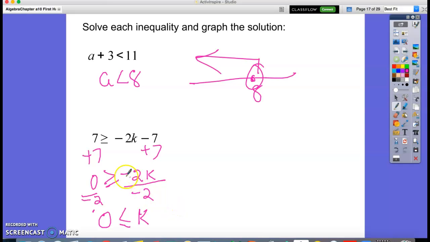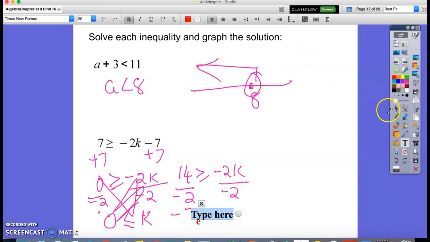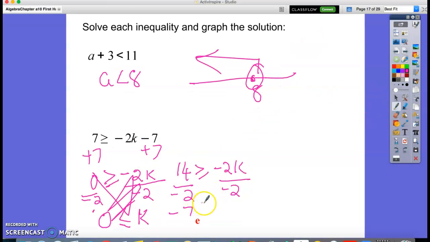Sorry, did I mess up? Yes, sorry. Here you're adding, right? So this will be 14 is greater than or equal to negative 2k. I'm dividing both sides by negative 2, so I get negative 7 is less than or equal to k, or k is greater than or equal to negative 7.